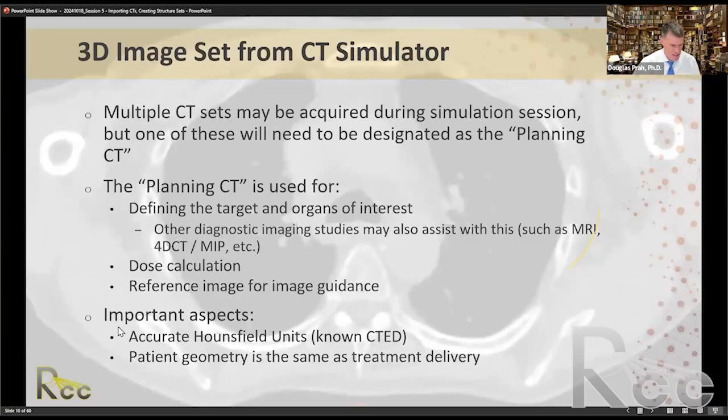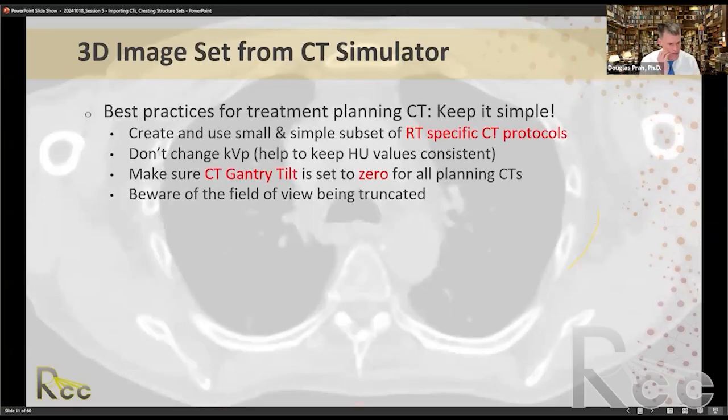The two take-homes are that the planning CT you acquire needs to have accurate Hounsfield units so we can do an accurate dose calculation, and we also need to make sure that the geometry is accurate and will match the treatment geometry on a day-to-day basis.